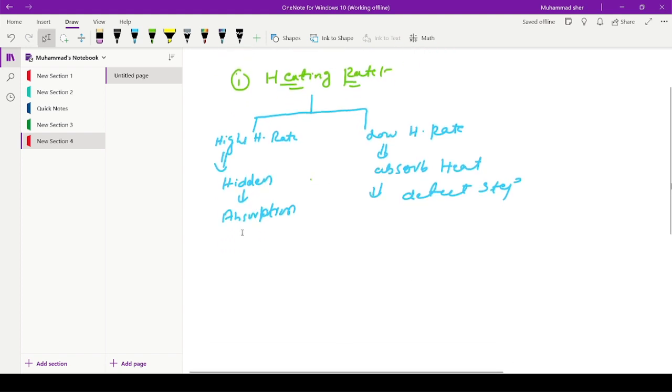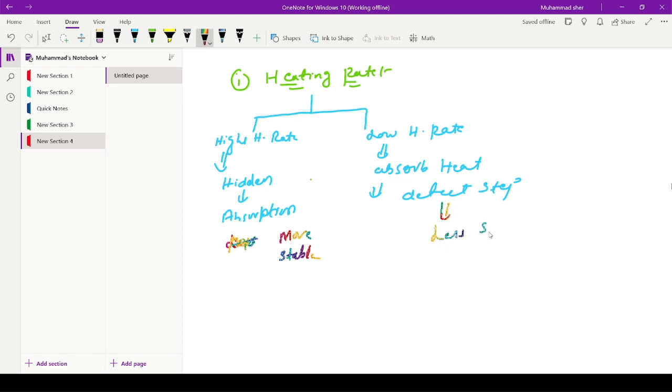So at high heating rate, another point is that the substance is not stable. We can say that at high heating rate our substance is less stable, and at low heating rate our substance is more stable.